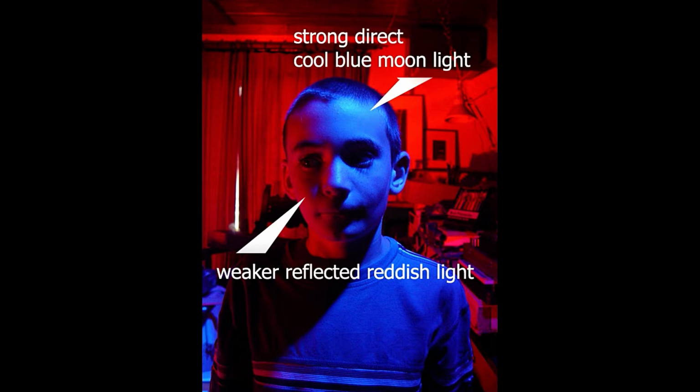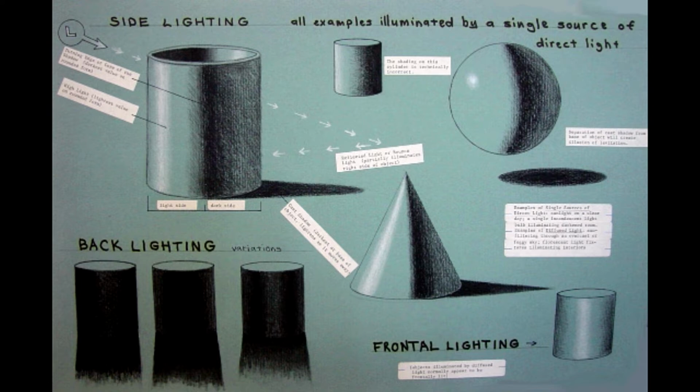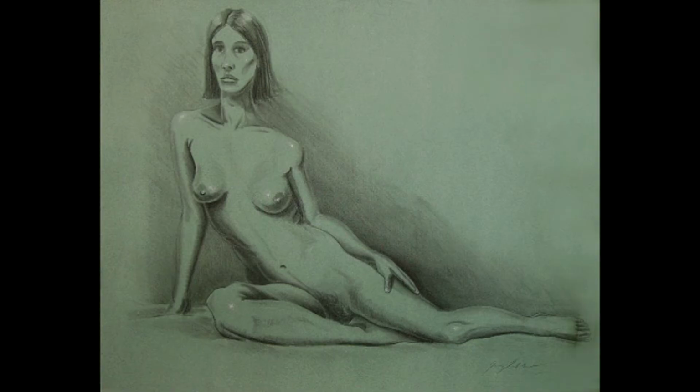so I could see what this looked like. It turns out that what I'm doing is I'm applying the information in terms of the way a single direct light source works on objects in reality. And this image is something I use as a teaching device to teach students how light works on planet Earth, which is what you need to know if you're going to try to shade things realistically.